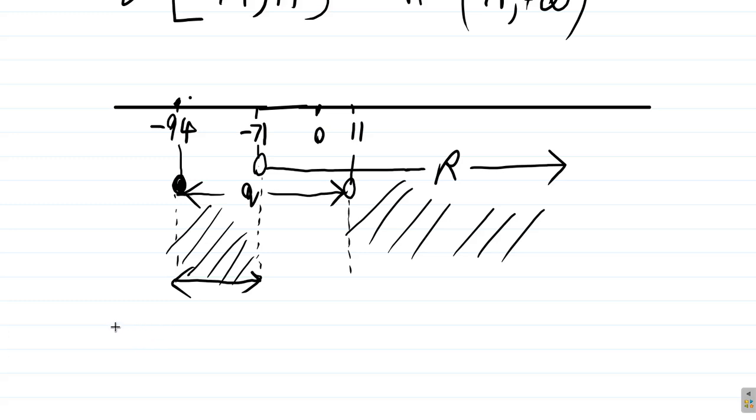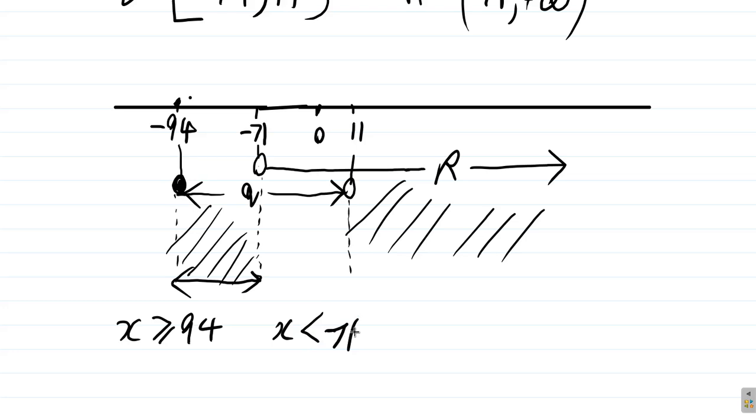So here now, what you can say is x is greater than or equal to negative 94. At the same time, x is less than negative 71.